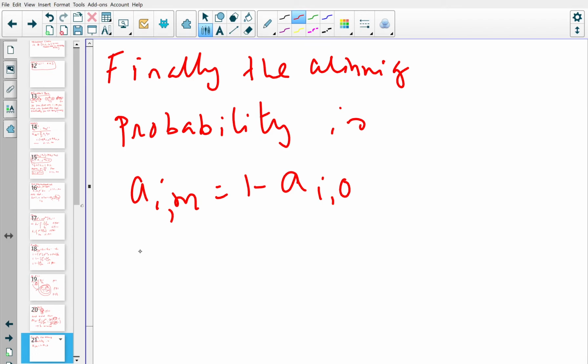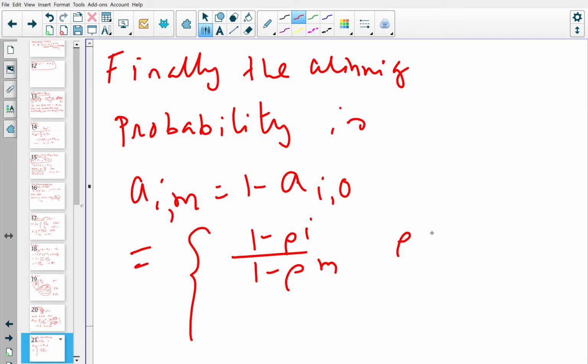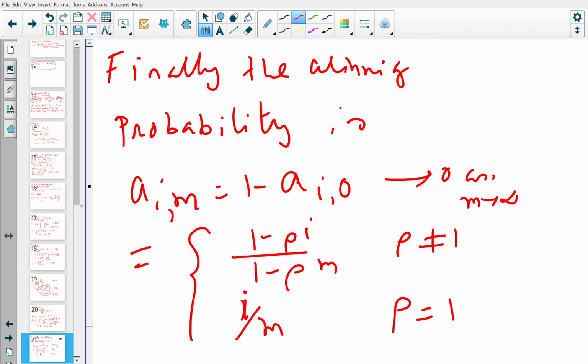This is the complement, and thus it will be two options: either (1 minus rho power i) over (1 minus rho power m) when rho is not equal to 1, or i by m if rho equals 1. Okay, and you see that again when m tends to infinity, this tends to 0. So the winning probability tends to 0 as m tends to infinity and rho greater than 1. Okay, so you are going to win with probability 0.